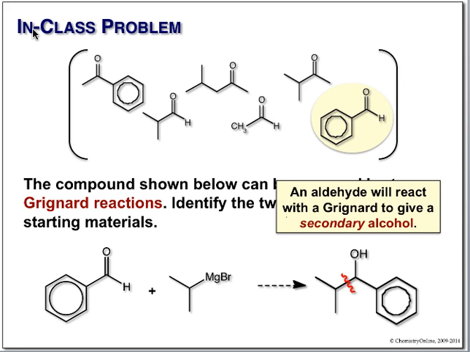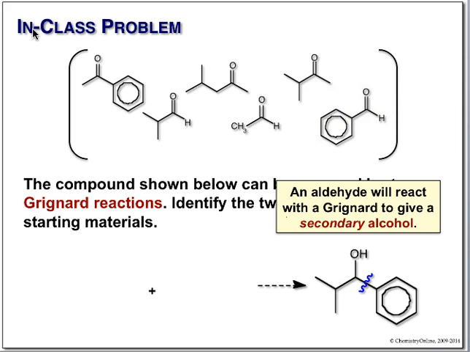All right, do the other side. We're going to split here. Draw me or pick out the appropriate carbonyl compound and draw me the appropriate Grignard.